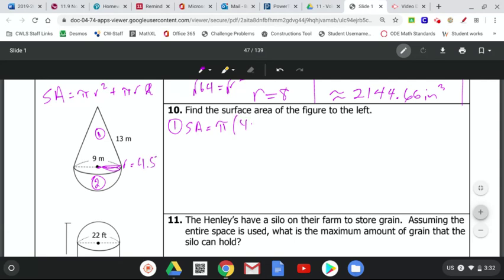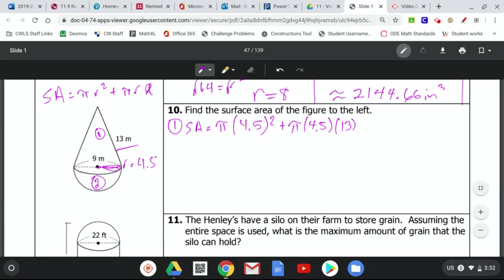So pi times 4.5 squared, plus pi times the radius, which is 4.5, times the slant height, which is 13. So our slant height there is 13. It's the distance you would do if you're climbing up the cone.